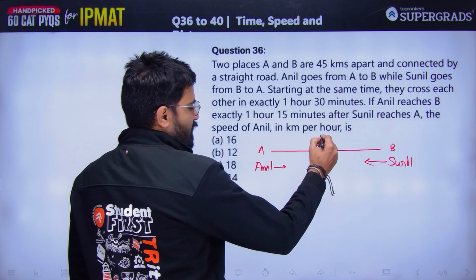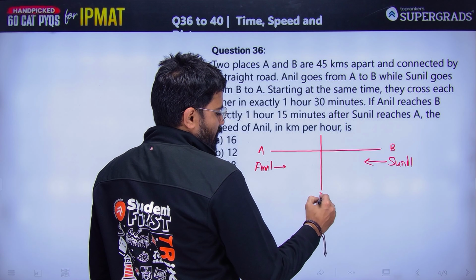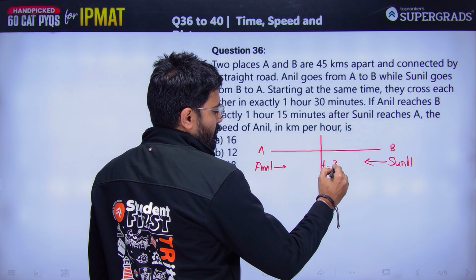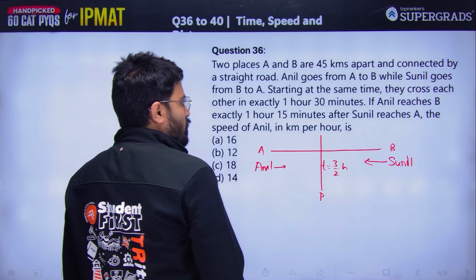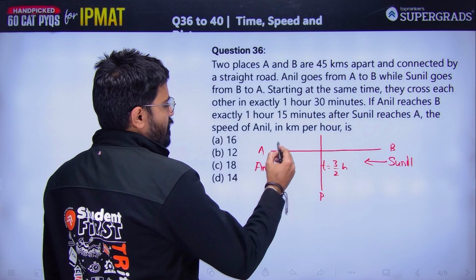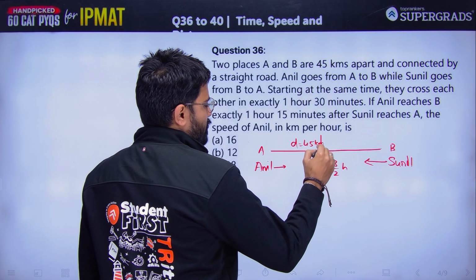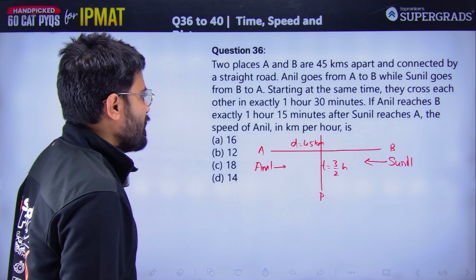So they are meeting at a point P. The time taken to meet at this point is 3/2 hours, and the distance between A and B is given as 45 kilometers.